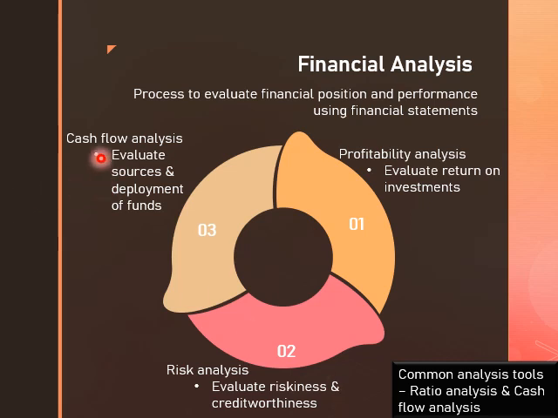The third one adalah relating to the cash flow analysis, di mana kita akan evaluate the source and the deployment of funds, sumber kewangan dan juga macam mana kita guna duit tersebut. So, the common analysis tool untuk guna this financial analysis lah ratio analysis and also cash flow analysis.